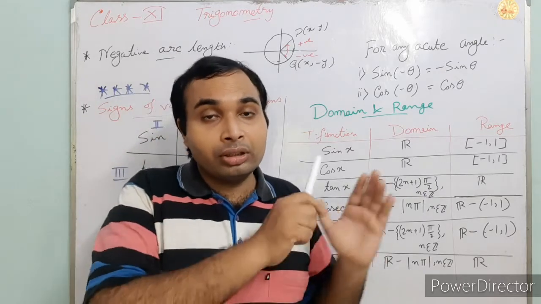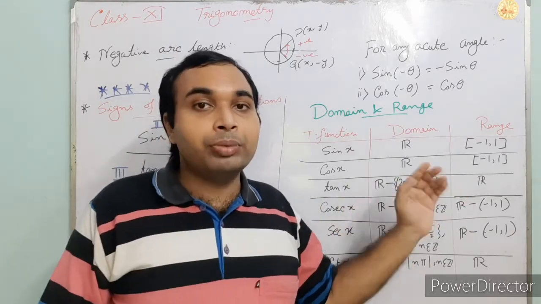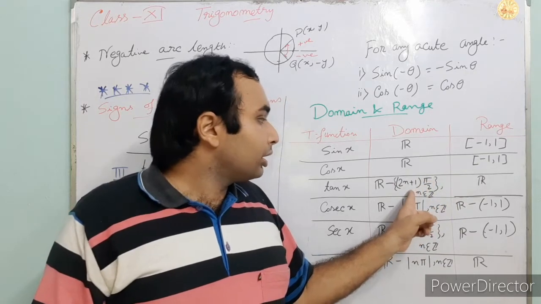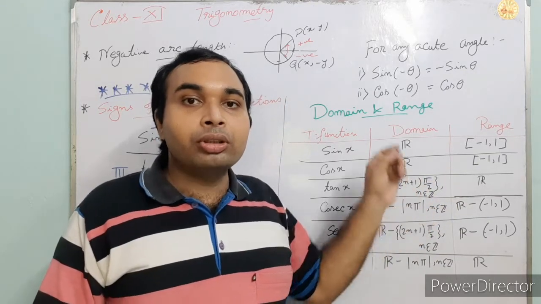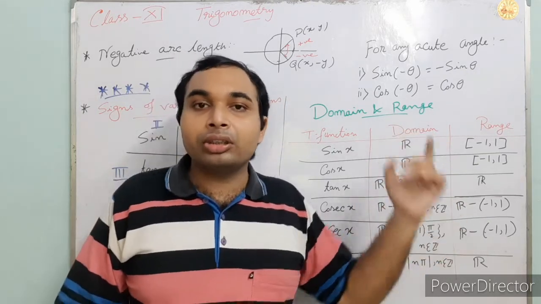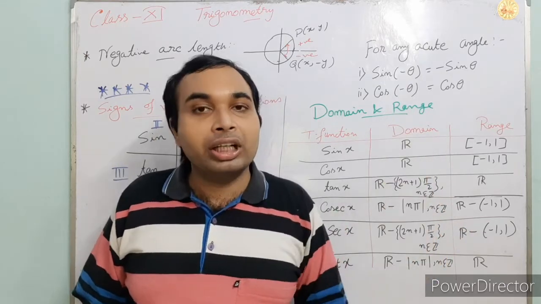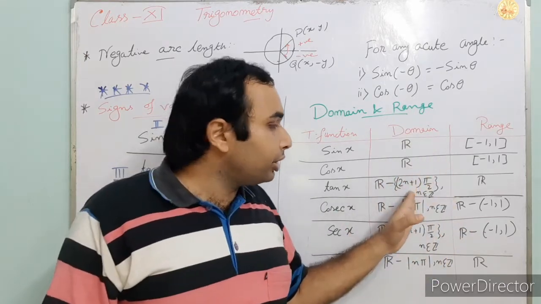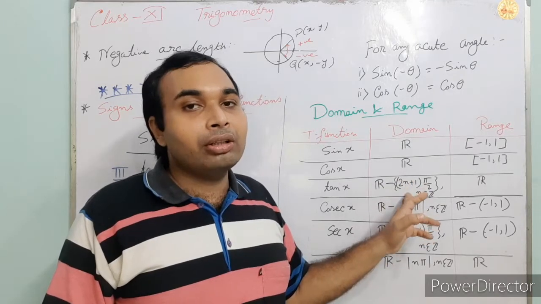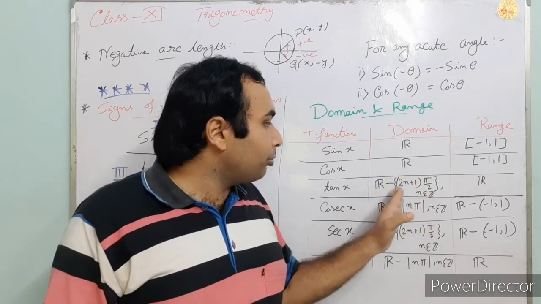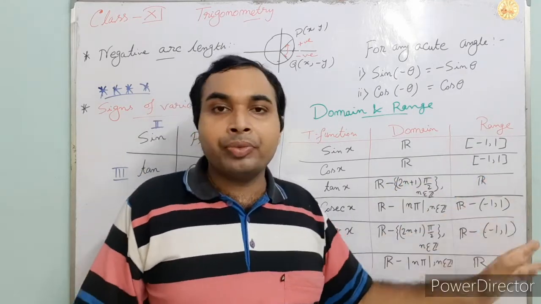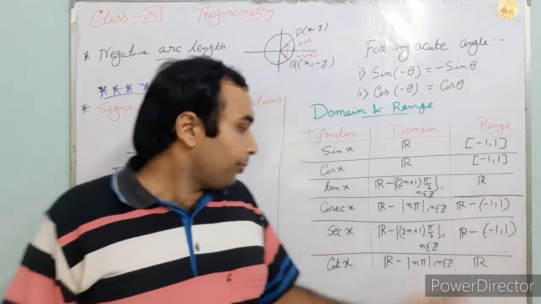Why are we not taking those in the domain? Because at those points cos comes 0. So tan means sine by cos, so sine by 0 is undefined, so we cannot define anything here. That's why we cannot take this one. So R minus this one, and the range will be all the real numbers.